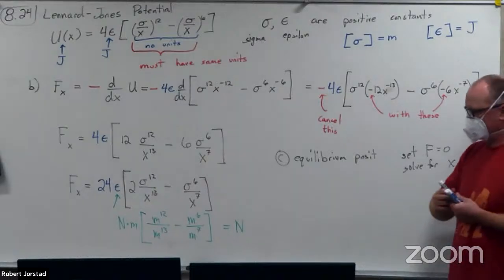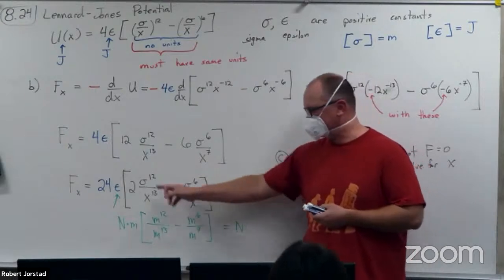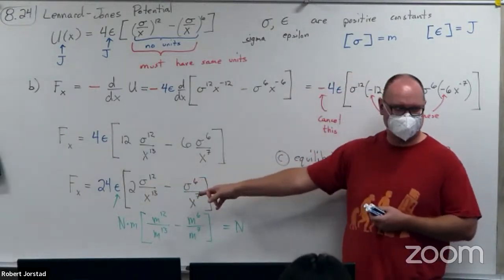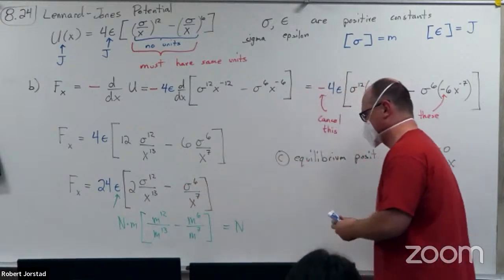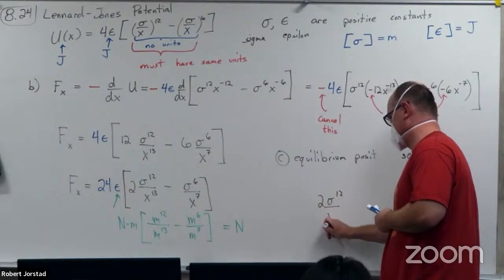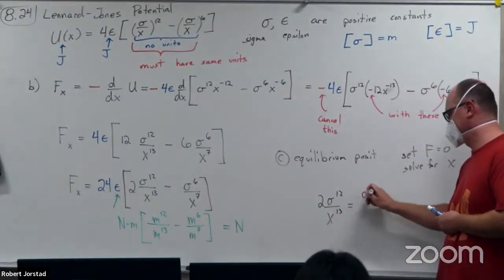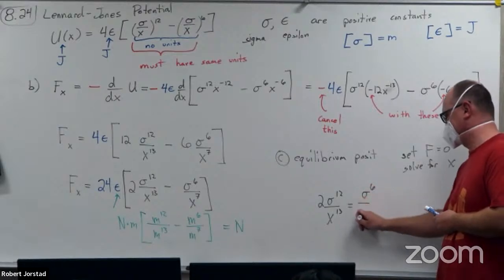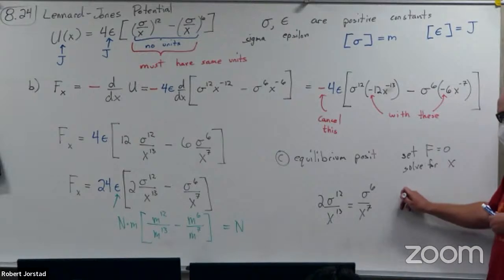Check this. We can speed up our lives a little bit. Do you agree if you set this to 0, the first term has to equal the second term? In this case, do a little cross multiply.